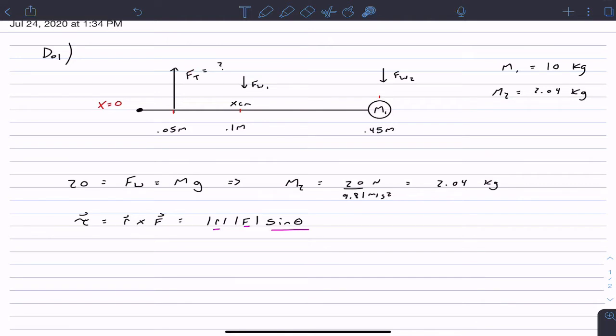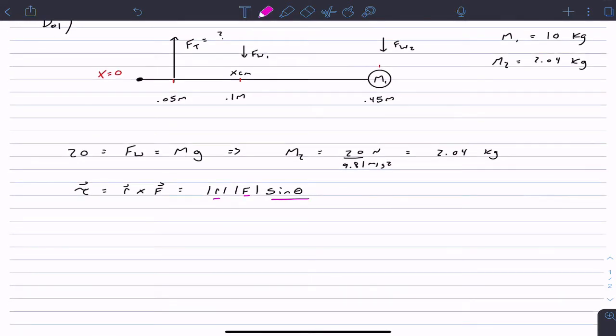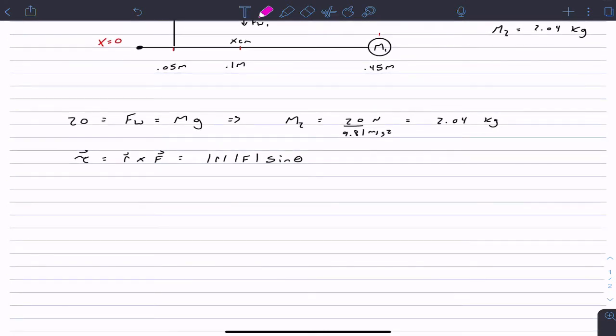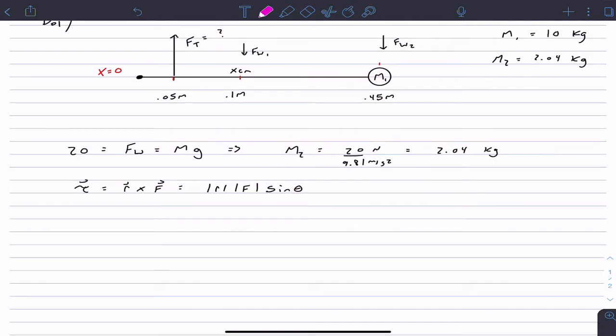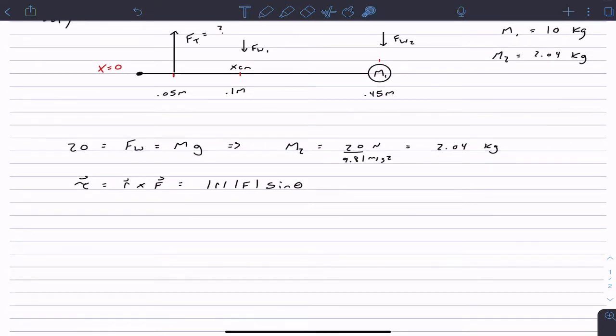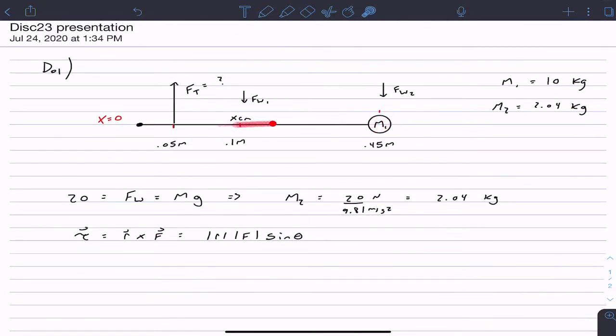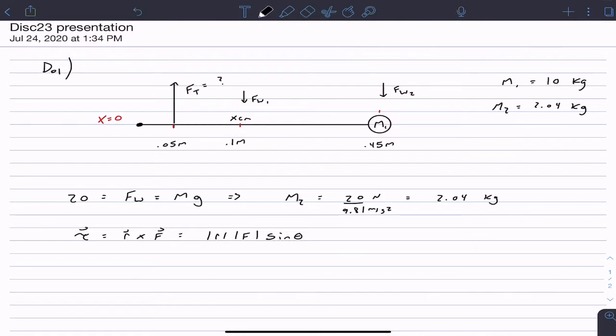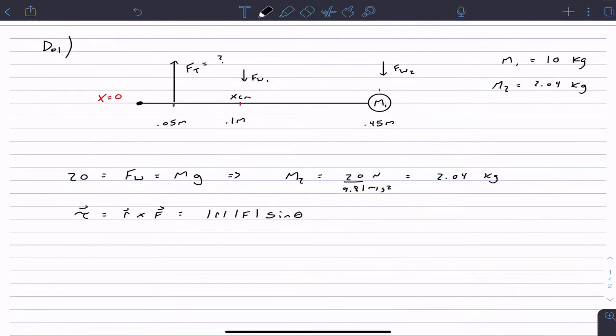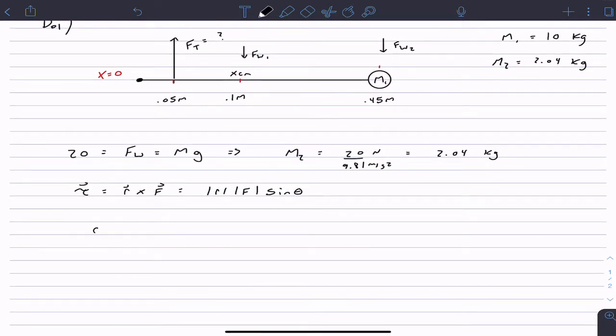Similarly for all of our forces, the angles between F and r are 90, and that gives us sine 90 is 1. We're told that this thing is supported, which means the arm is in equilibrium. Nothing else is happening. So if we're in equilibrium, the net torque on the arm is 0.